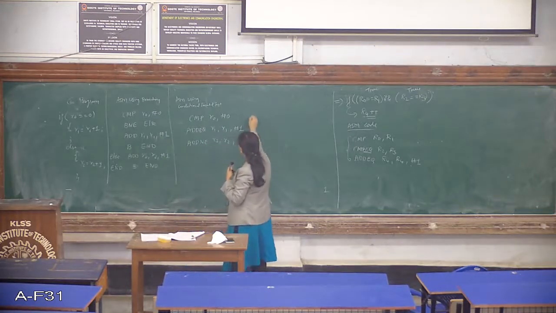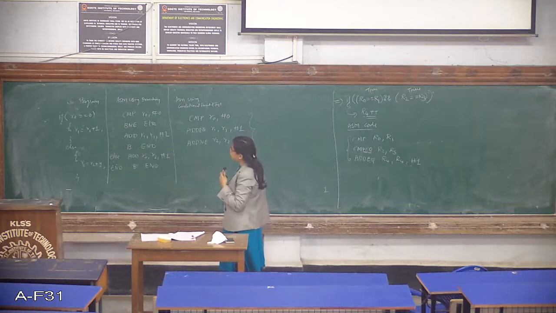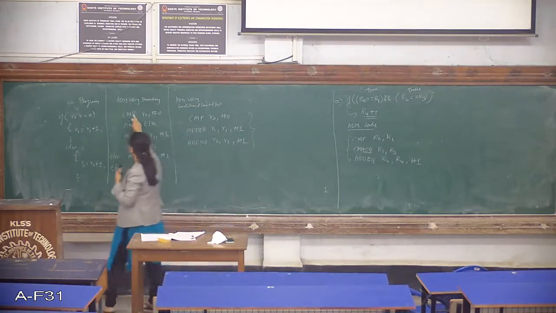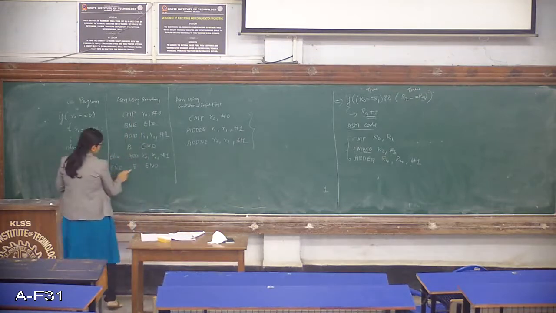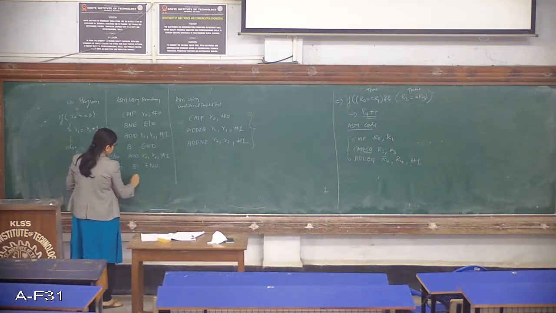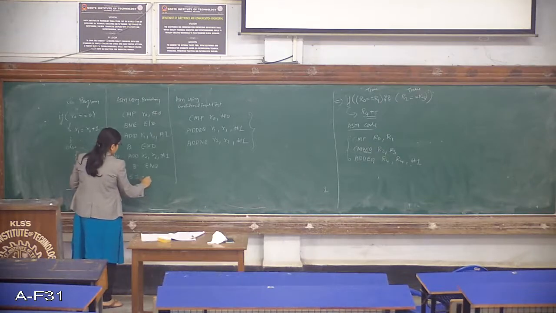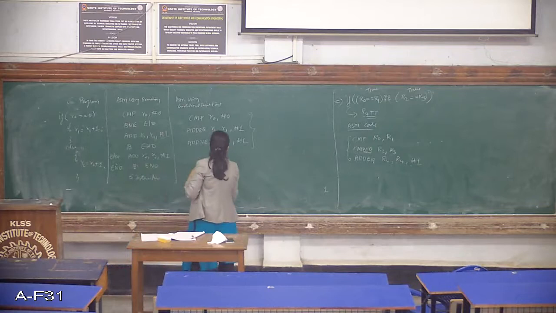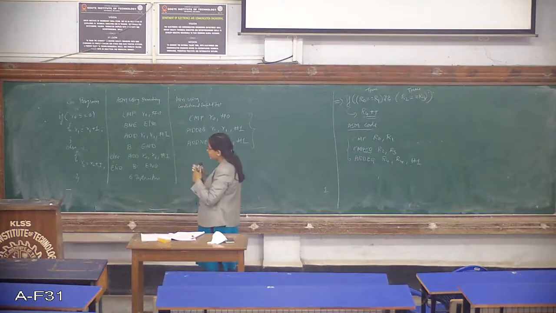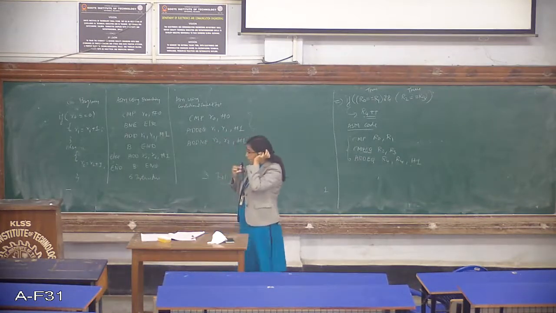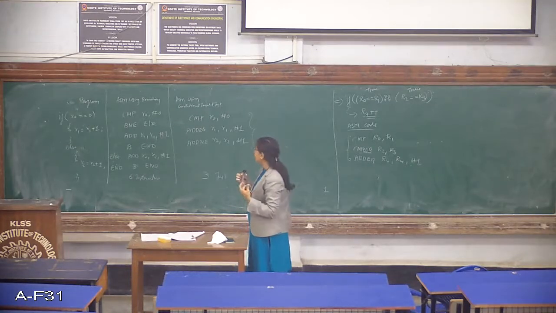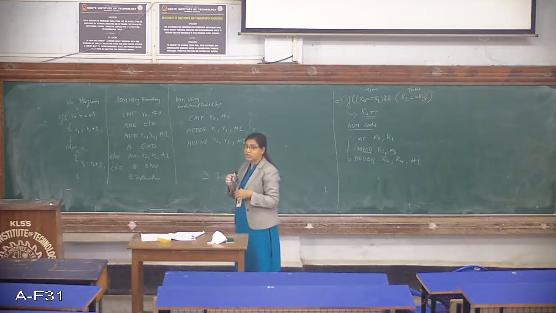So you can see we have written the C code in 3 instructions, whereas with the branch instructions we have written 1, 2, 3, 4, 5, and the last is 6. So 6 instructions we have taken, and here only 3 instructions. You can see how efficient it is to write the assembly code using conditionally executed instructions rather than branch instructions.